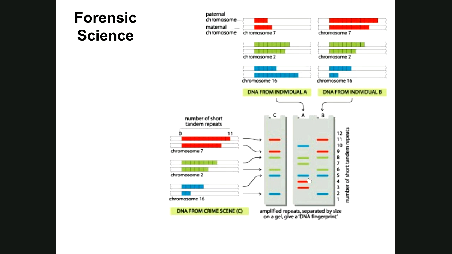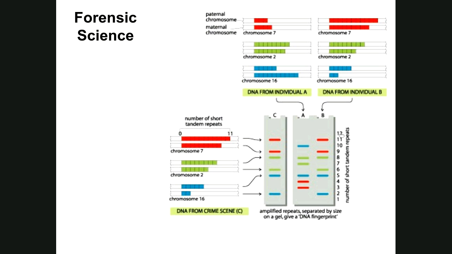So here, this is just showing you what I showed you before. If it's DNA from the crime scene, they'll identify different types of tandem repeats on different pairs of homologous chromosomes. And then the suspects that they obtain DNA samples from, they will analyze the same tandem repeats on the same pairs of chromosomes, and then they'll just do a comparison.